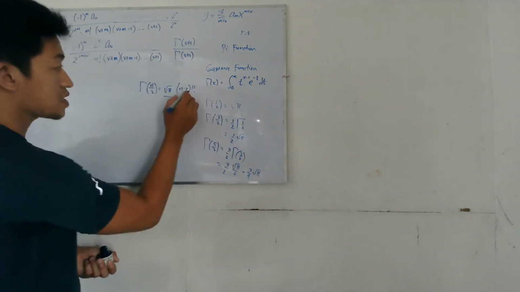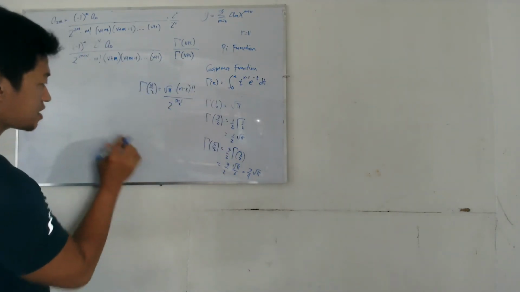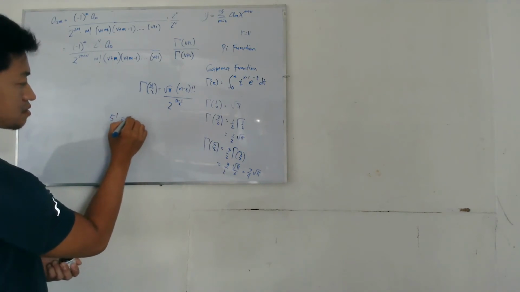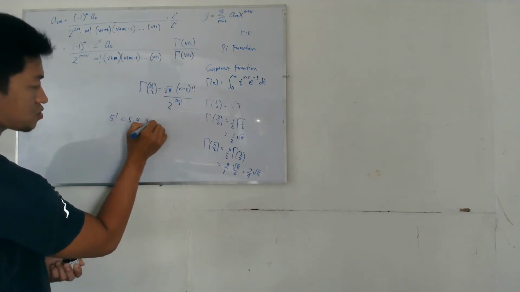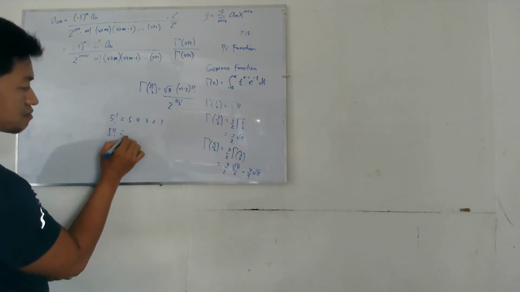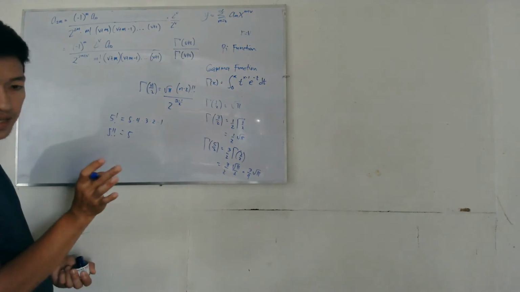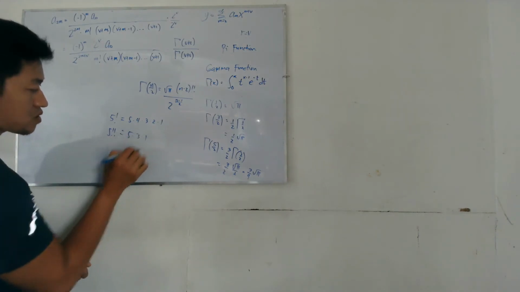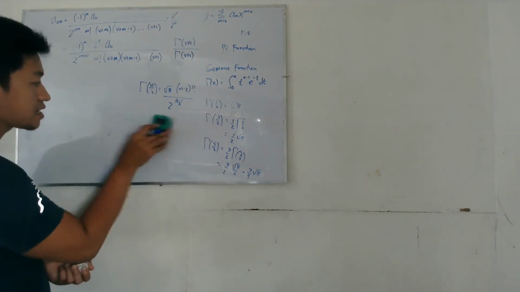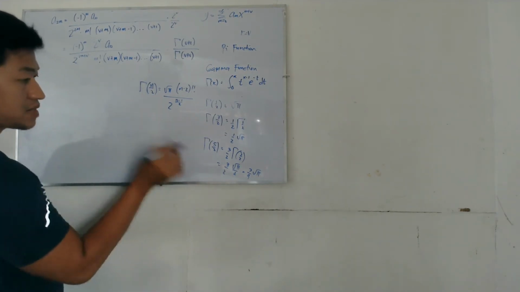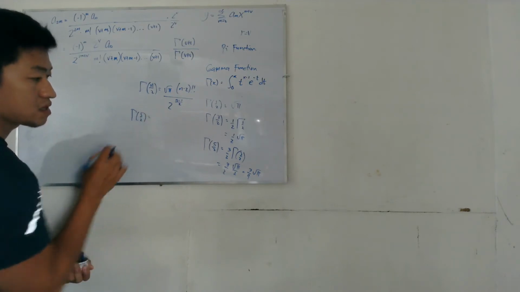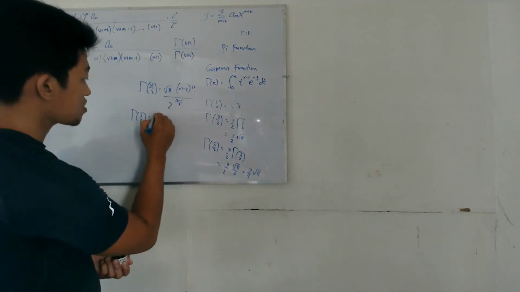Okay, so what is a double factorial? The normal factorial, 5 factorial, is 5 times 4 times 3 times 2 times 1. For 5 double factorial, it is 5 times 3 times 1. So let's try it. Gamma of 5 over 2 is square root of pi.